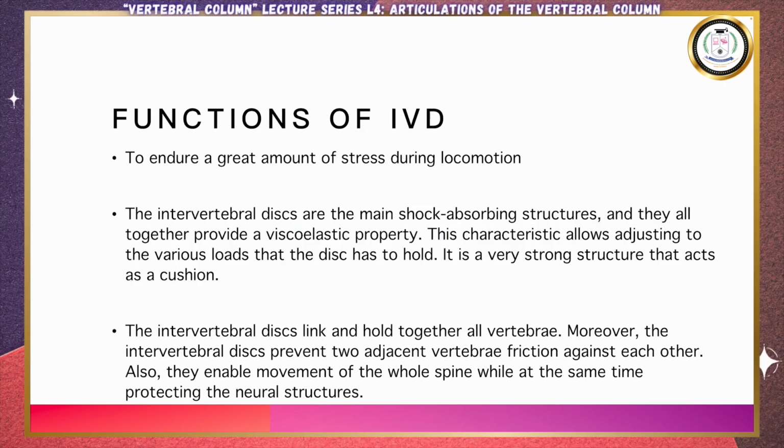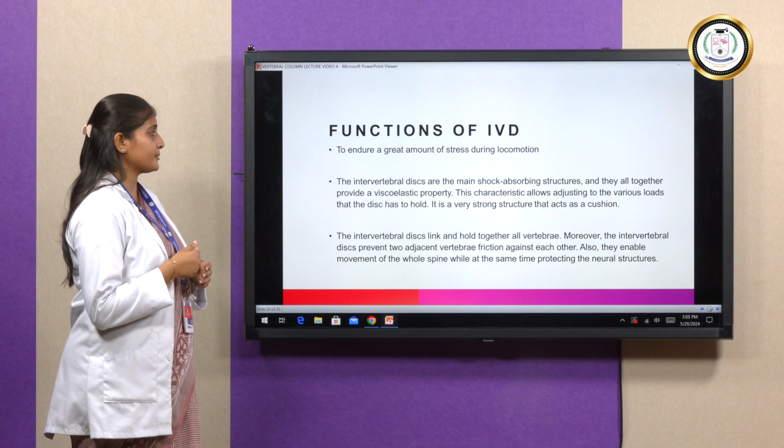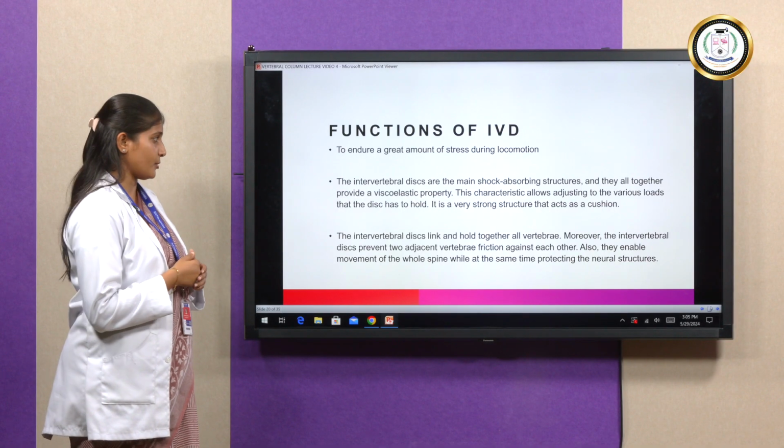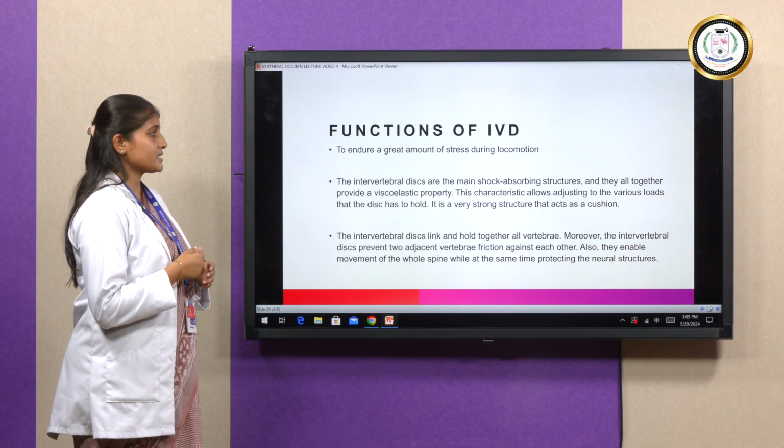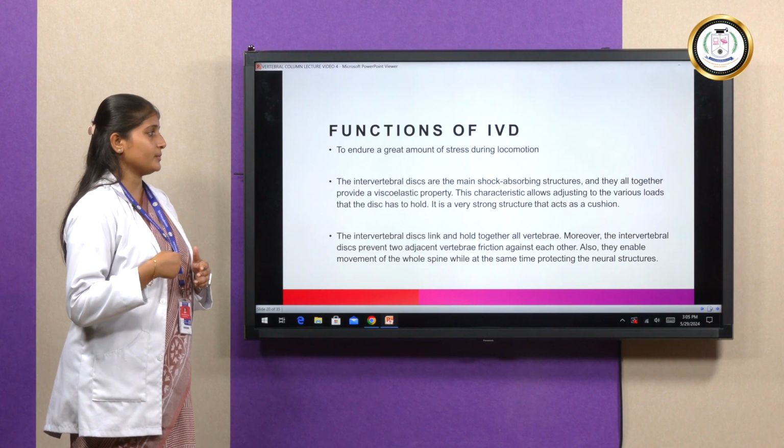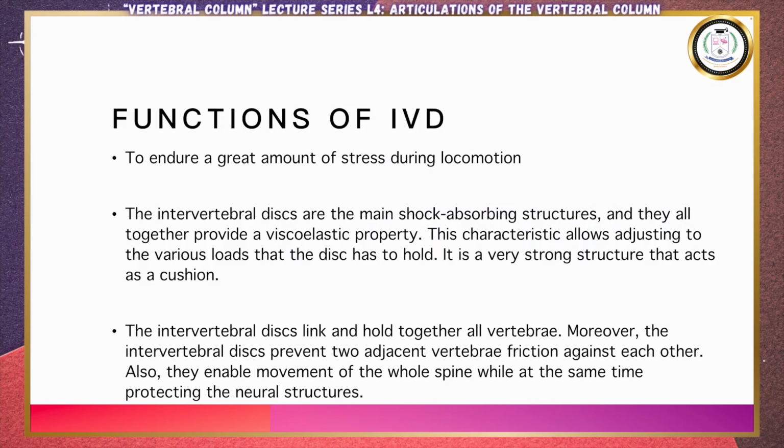Next come the functions of the intervertebral disc. Mainly it is to endure a great amount of stress during locomotion. The intervertebral discs are the main shock absorbing structures and together they provide a viscoelastic property. This characteristic allows adjusting to the various loads that the disc has to hold.